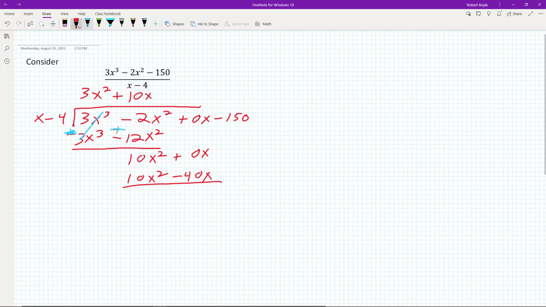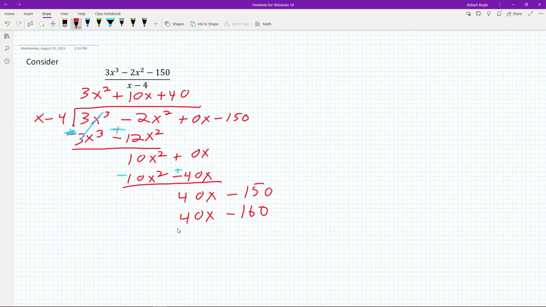Once again, we change the signs and we add, and these will cancel, and we have positive 40x. We can bring down our 150, and we can do this one more time. We want to multiply x by 40 to get 40x, so plus 40. This will give me 40x minus 160.